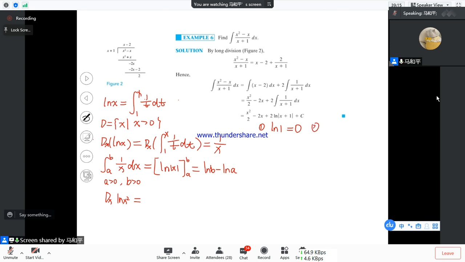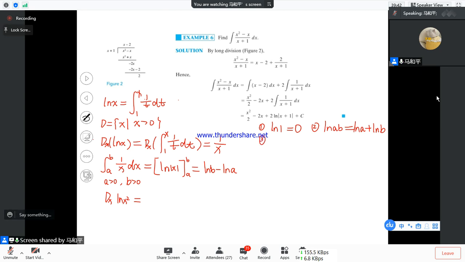And the second property is ln AB, here this is A times B, is equal to ln A plus ln B, right?